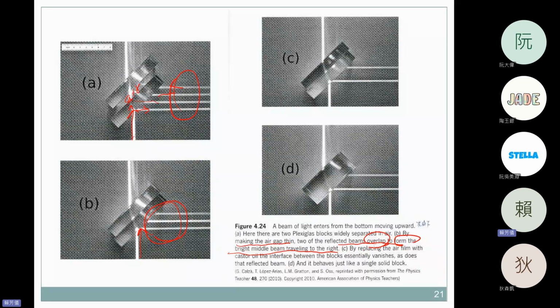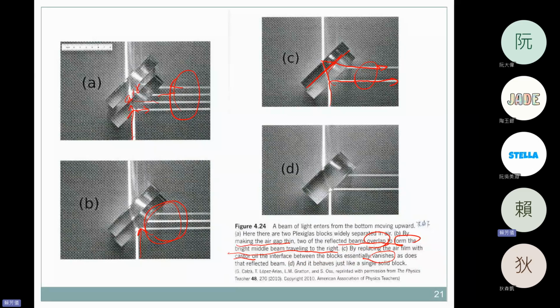So see what happens when replacing the air with oil in the interface. Fill the oil in the interface between the blocks and the reflected beam will vanish. So you will see just two beams here: one first reflected by this one, and another transmitted and reflected.